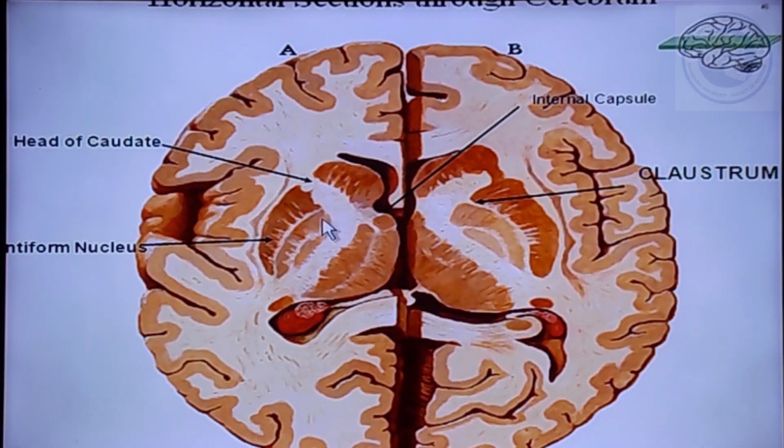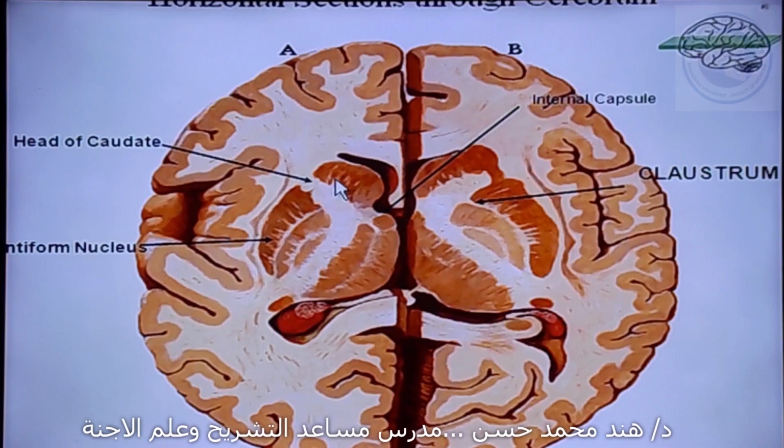So, lentiform nucleus is lateral to both head of caudate and thalamus. It is separated from both structures by the internal capsule, but the internal capsule is V-shaped. It has an anterior limb separating the head of caudate from the lentiform and a posterior limb separating the lentiform from the thalamus.